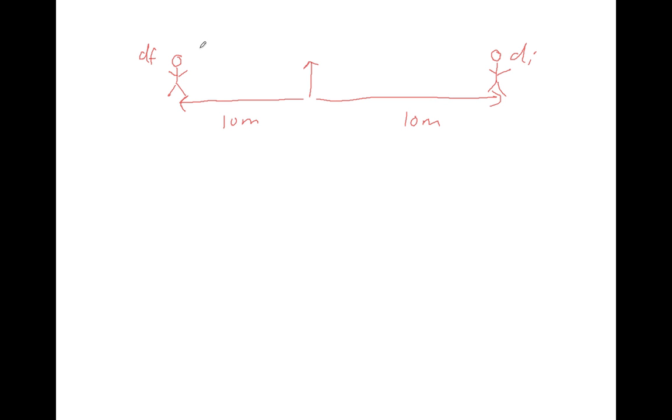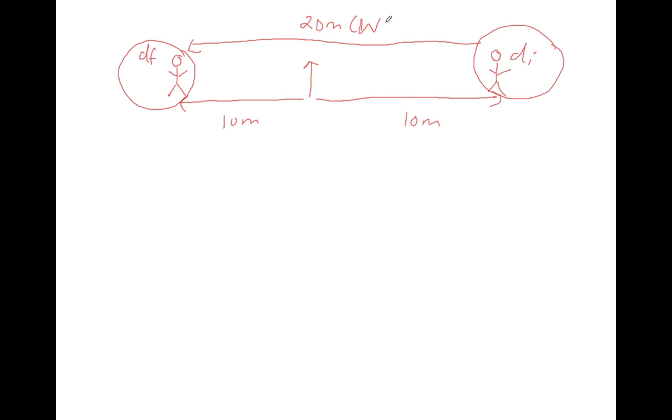So your total displacement is traveling from this location to this location, D initial to D final. So you've traveled a total distance of 20 meters west. That is your delta D. Or, we don't use directions, we use positive and negative signs, so that would be negative 20 meters.